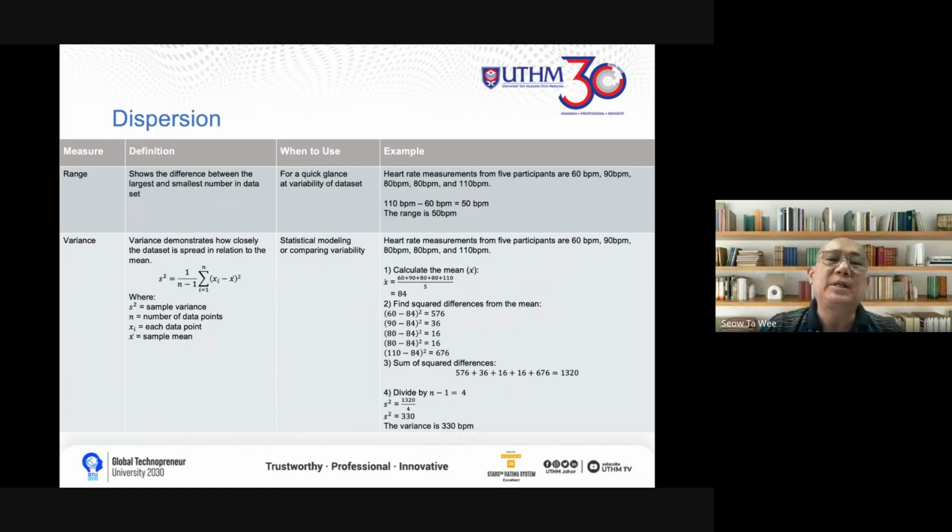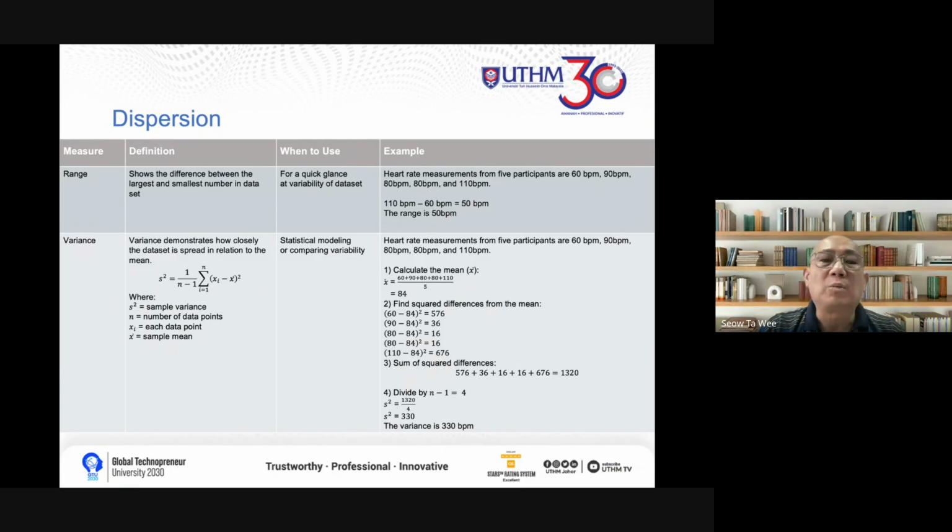In dispersion of a data set, we look into the range and variance. The range shows the difference between the largest and the smallest number in the data set. Then we have the variance. Variance demonstrates how closely the data set is spread in relation to the mean.